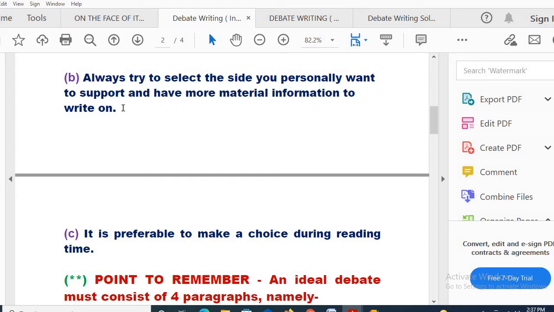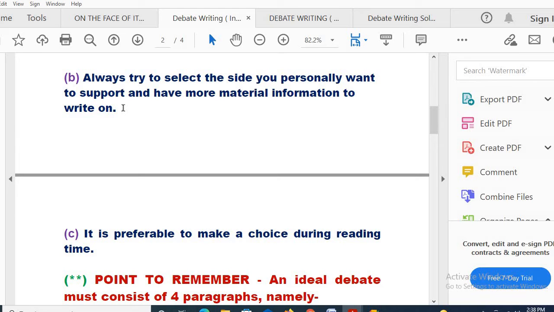Okay, see, always try to select the side you personally want to support and have more material information to write on. You should have a lot of ideas regarding the topic on which you are writing. Whether you are writing for the motion or against the motion, that is the secondary factor. The most important factor is that you should have enough material.